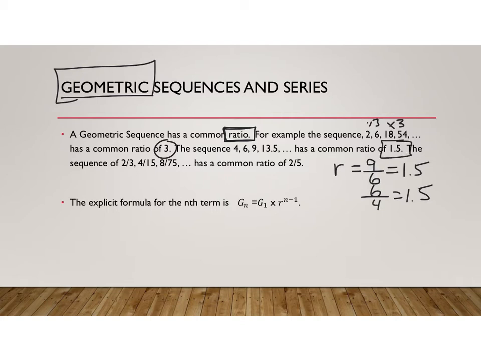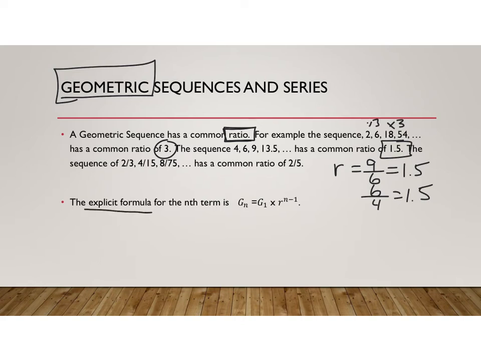Very easy to find what the ratio of a geometric sequence is. Just divide 2 consecutive terms. The next one, the sequence of 2/3, 4/15, 8/75, would have a common ratio of 2/5 because you're multiplying on the top by 2 and on the bottom you're multiplying by 5.